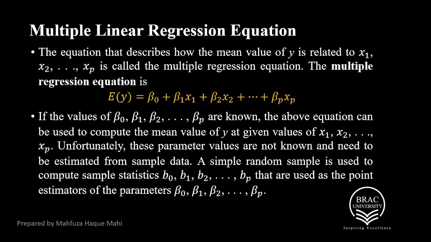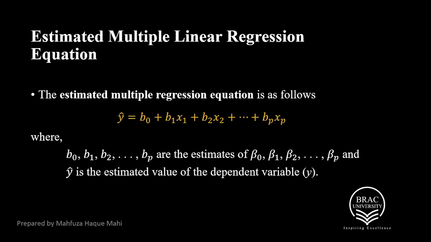Unfortunately, these parameter values are not known and need to be estimated from sample data. A simple random sample is used to compute sample statistics b0, b1, b2 up to bp that are used as the point estimators of the parameters beta 0, beta 1, beta 2 up to beta p. Now look at the estimated multiple linear regression equation.